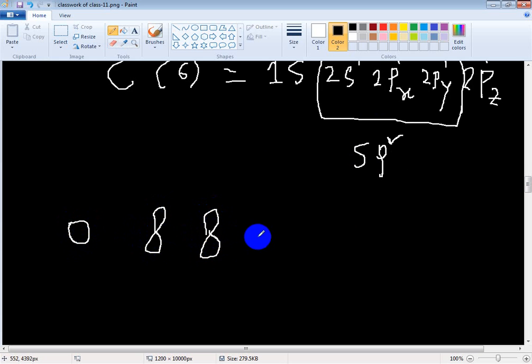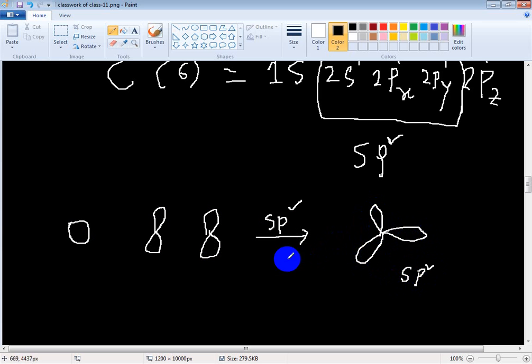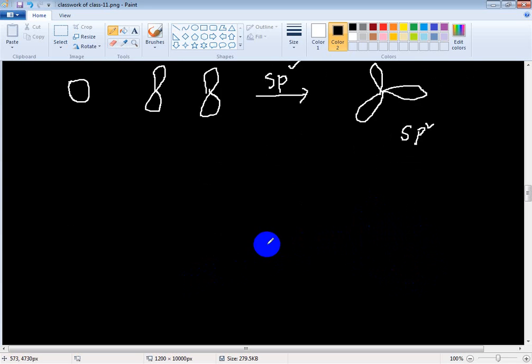Okay, when this sp2 hybridization happens, it forms this way. This is the sp2, one carbon is sp2 hybridized. This whole lobe is sp2. We know benzene contains 6 carbons, like here 6 carbons form.